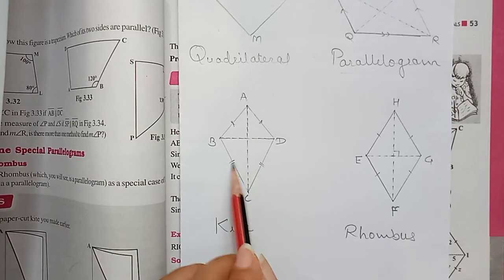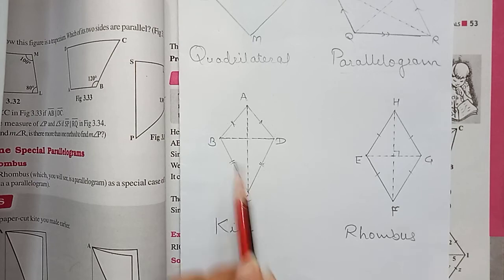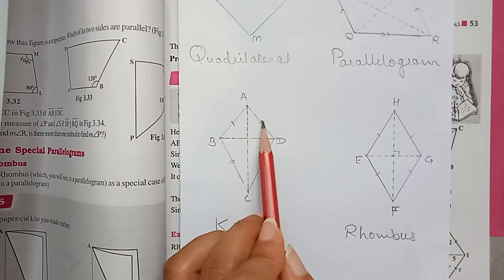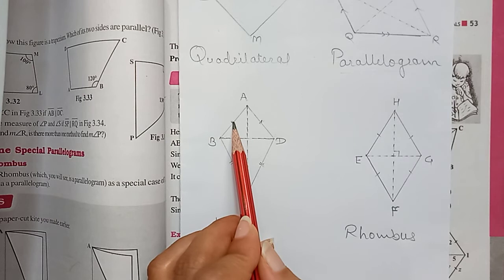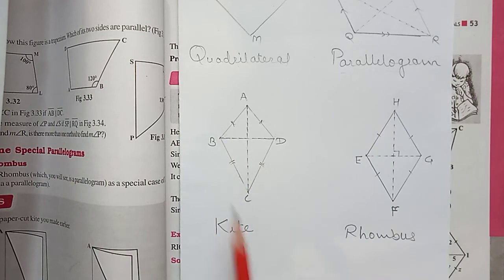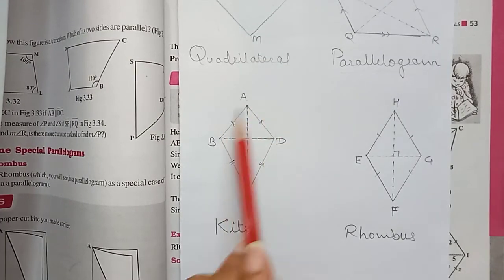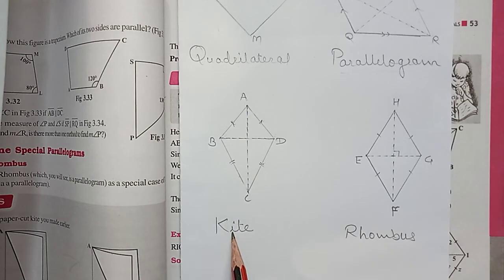So this is one pair of sides which are equal in length, and this is another pair of sides which are equal in length. So this is the criteria of a kite. This quadrilateral is a special case and we name it a kite, where we have two distinct pairs of sides and their lengths are equal.